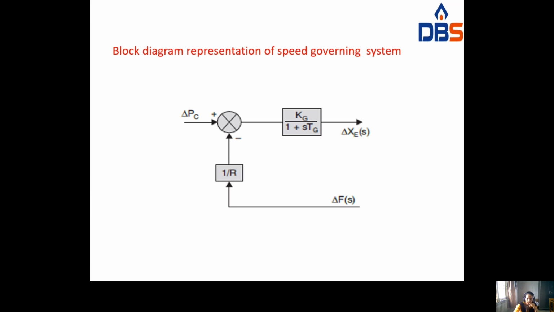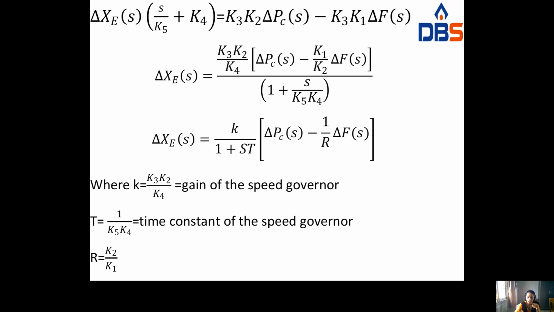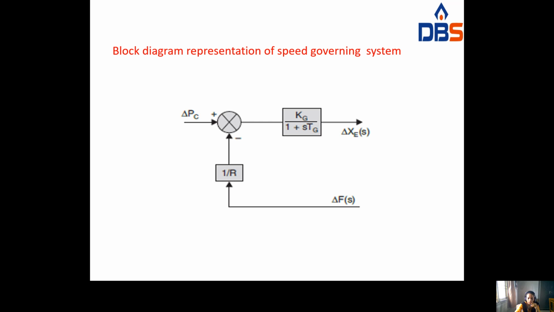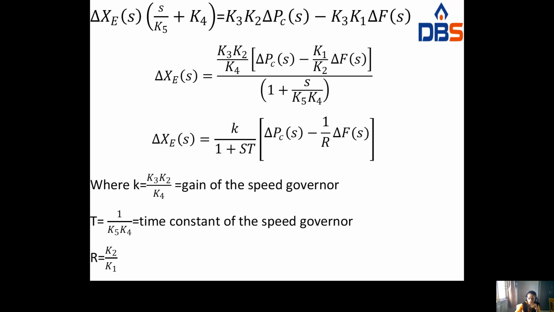So, the block diagram representation of the speed governor. By using this equation, we are representing a block diagram. Here delta PC, and here this is a speed changer and this is a frequency changer. Whenever speed changes, KG by 1 plus STG, delta XC of S and delta F of S equal to 1 by R. This will be taking 1 by R minus and 1.